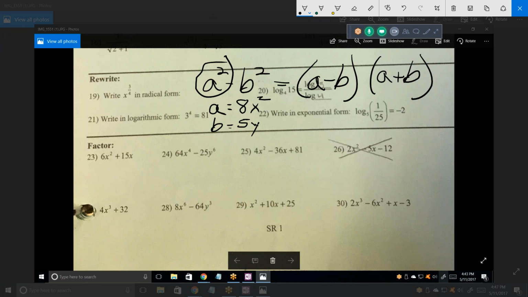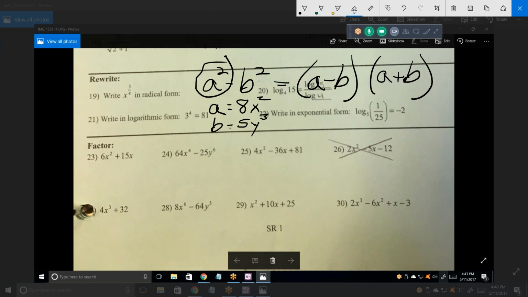When you take the square root of a variable, you basically divide that exponent in half. And the reason is that if I multiply y to the third times y to the third, I add the exponents. So if I'm taking the square root of y to the sixth, it's taking half of that exponent.